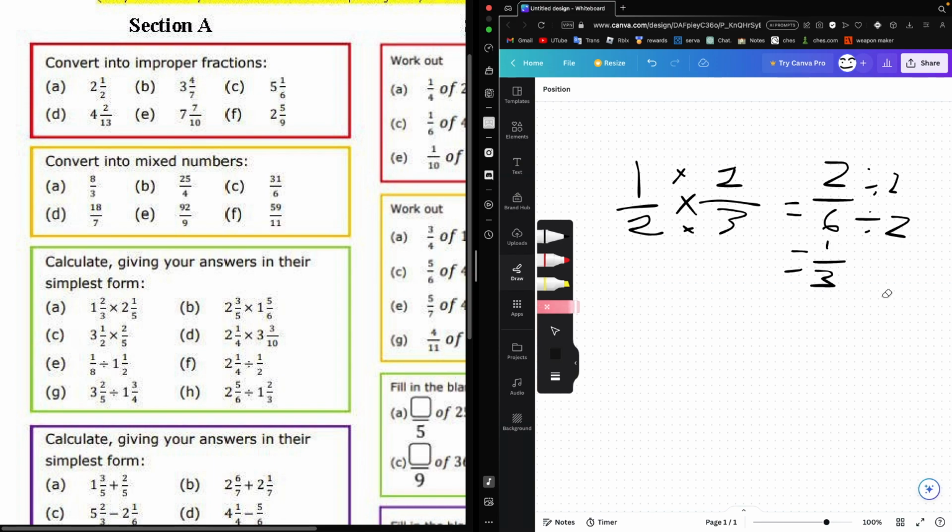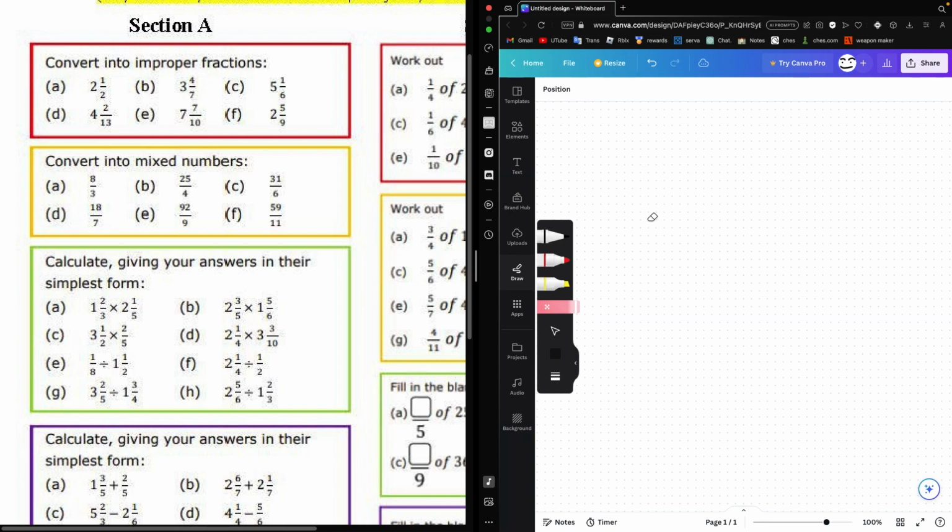Very simple. So first, let's do A. We have 1 and 2 over 3 times 2 and 1 over 5. First we make them into improper fractions. 1 times 3, 3. 3 plus 2 is 5. So 5 over 3 times 2 times 5, 10. 10 plus 1, 11 over 5.